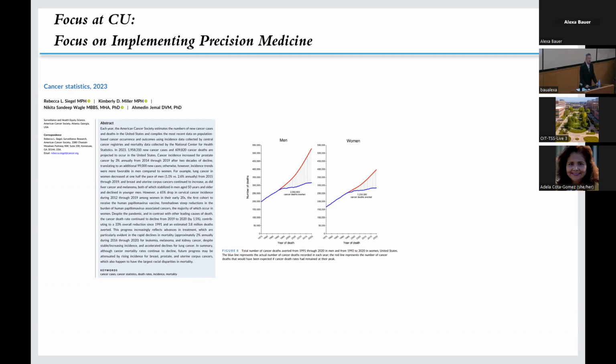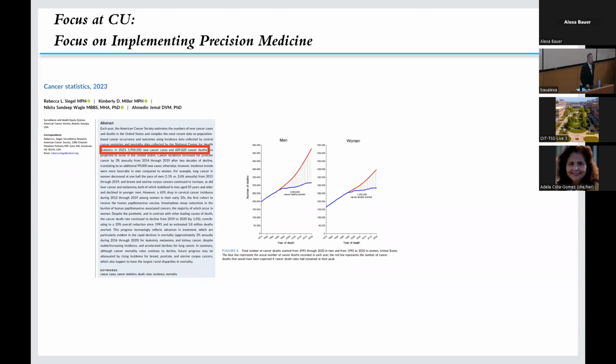So what the graph is showing are the projected deaths from cancer in the US between 1991 and 2020. More than 4 million people were averted from dying because of the cancer research that's done in this country. So this is a good reason for all of us to be in this field.